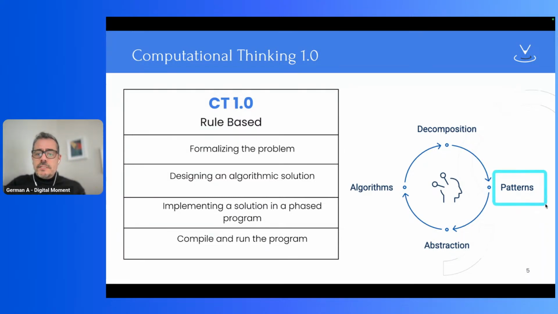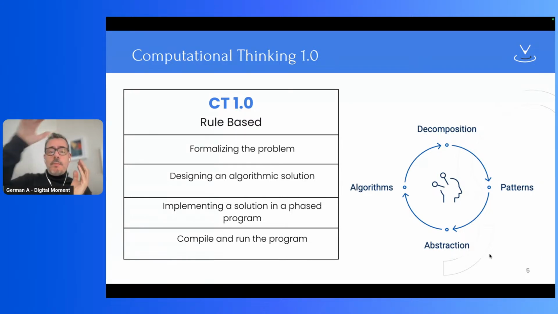In that process, we identify patterns that are going to help us optimize our solution. Try to find patterns that we apply from one problem to the next, to the next, to the next. Then we abstract that solution because, as I said, the solution doesn't have to live only for this problem and opportunity, but we can apply it in many different other scenarios.